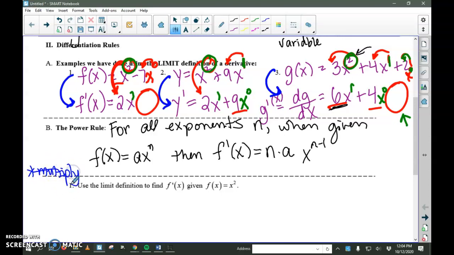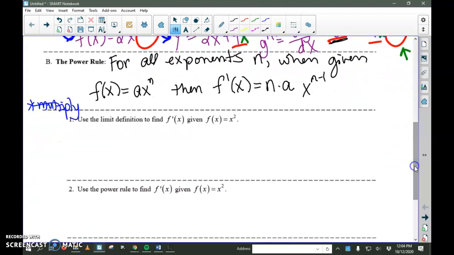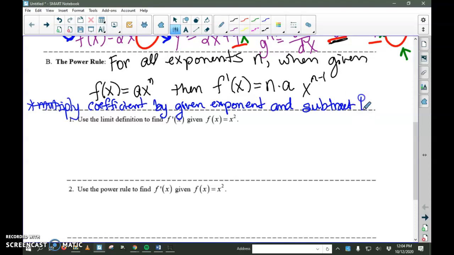I'm going to multiply my coefficient by that given exponent and subtract 1 from the exponent. So that's in words what's happening with my notation up above.